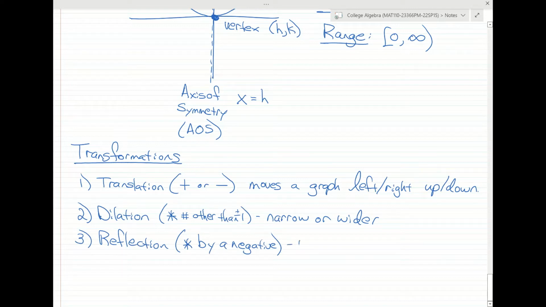And this just flips the graph over the x-axis. Show you what this would look like here.